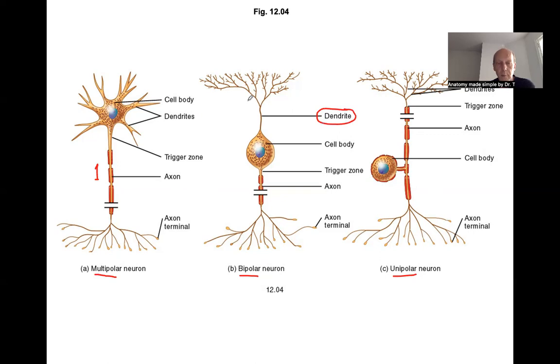However, that one dendrite has a very extensive dendritic spine, heavily branching out. And that means if multipolar neurons are commonly found practically anywhere throughout the CNS, bipolar neurons are likely to be limited in their appearance to our special senses, hearing and vision.